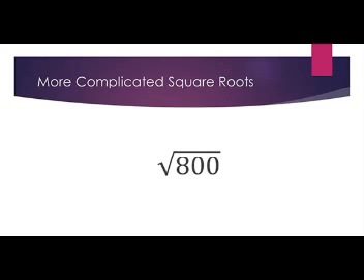This time, we're going to look at just a few more complicated things before we get into those really detailed problems we were looking at the other day. So the square root of 800. A lot of times they're going to ask you just to simplify. A lot of students look at this and say, well, I don't really know what you would do with that. 800 has some factors. If I could find factors that are squared, well, that's exactly what you do.